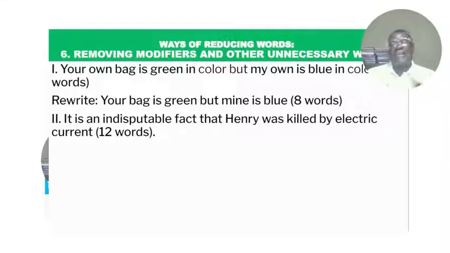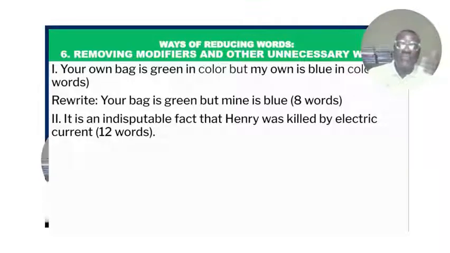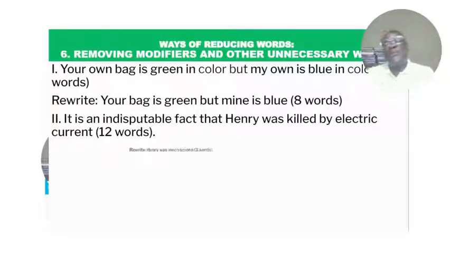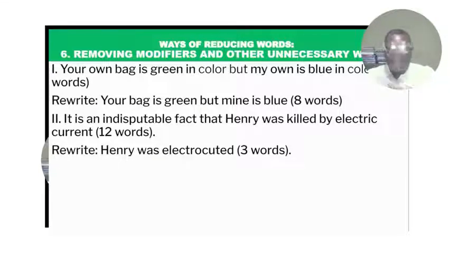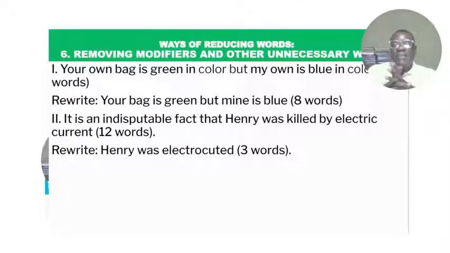Then somebody killed by electric current can be said to be electrocuted. So we can reduce this drastically from 12 words to 3 words. So we can rewrite this as Henry was electrocuted, and that gives us just the same idea that we have in the first sentence. So this is where we bring today's lesson to an end.